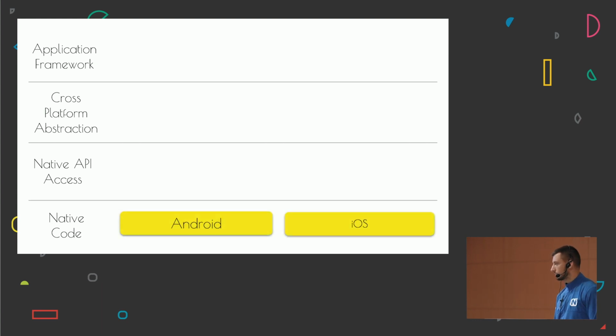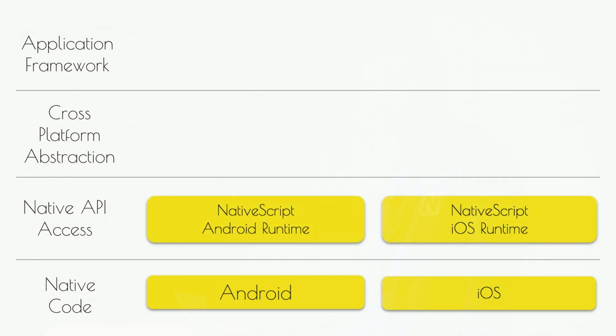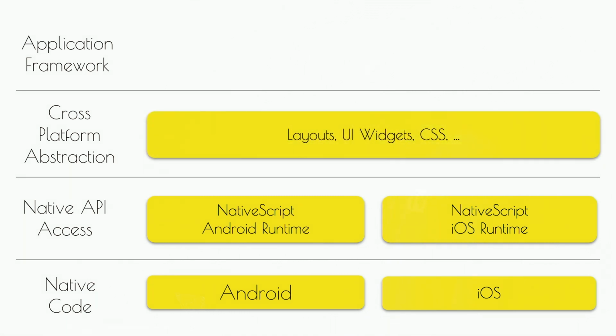And let's take a look at the architecture of the NativeScript project. At the core, of course, we have the Android and the iOS operating systems. Above them, we have the NativeScript runtimes, one for Android and one for iOS. Above them, we have a common cross-platform abstraction, which includes different layouts, UI elements, and CSS for styling our applications.